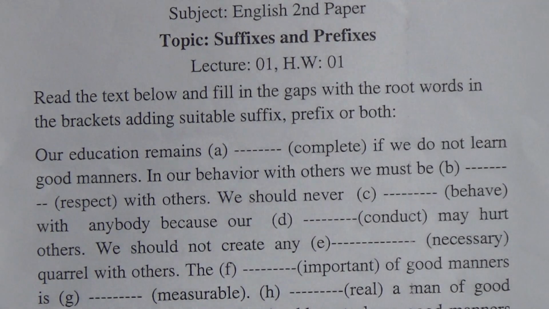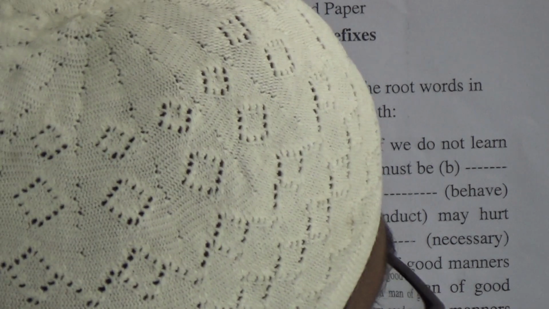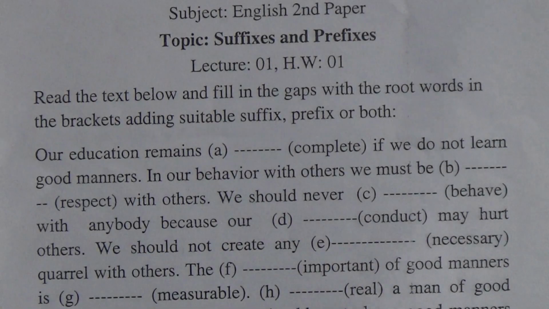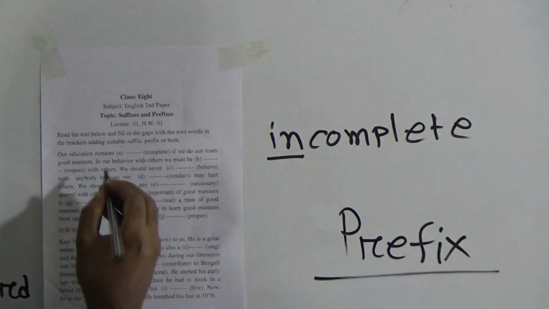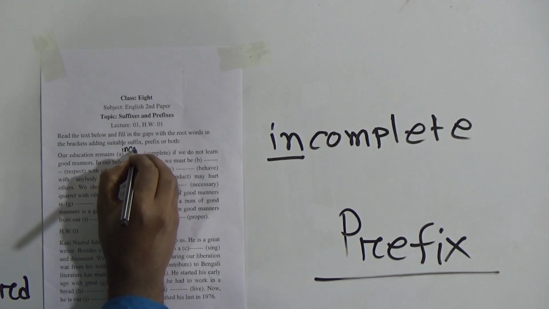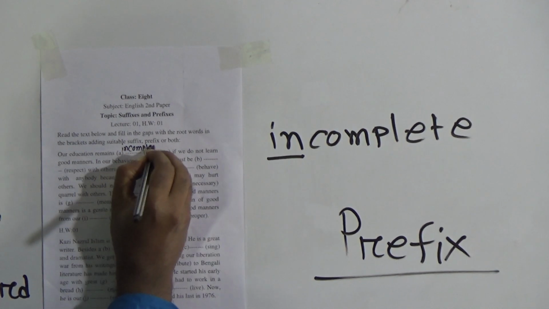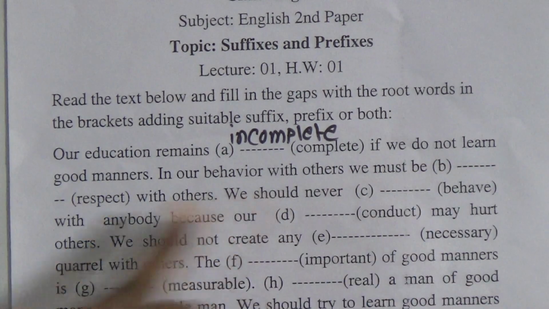It is incomplete. And here in is an example of prefix. So we will write incomplete. Number 1, our education remains incomplete if we do not learn good manners.